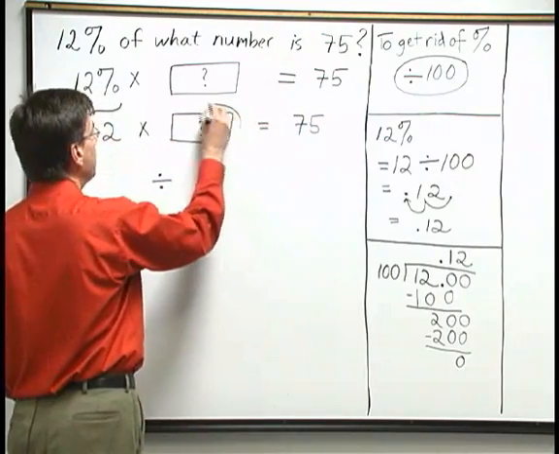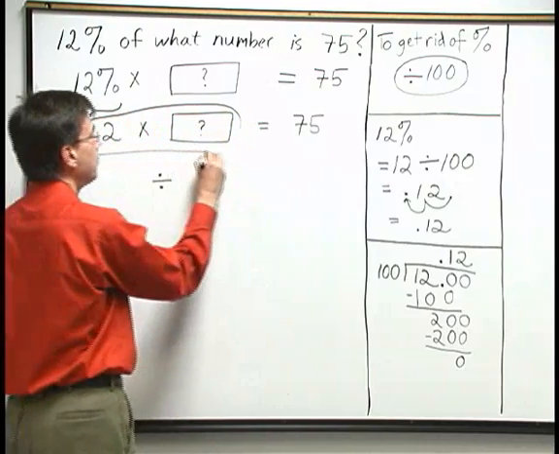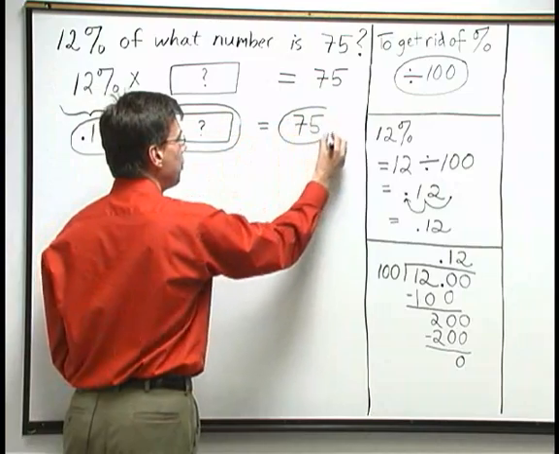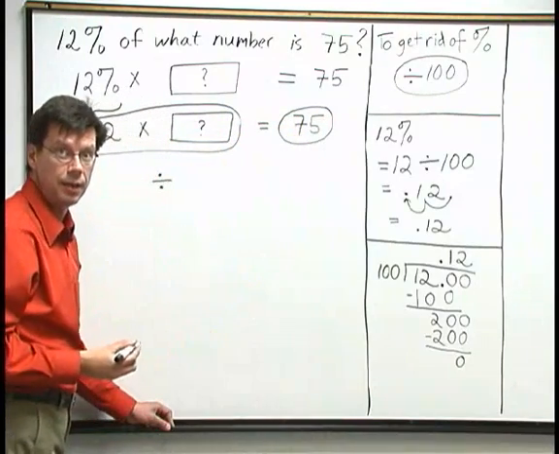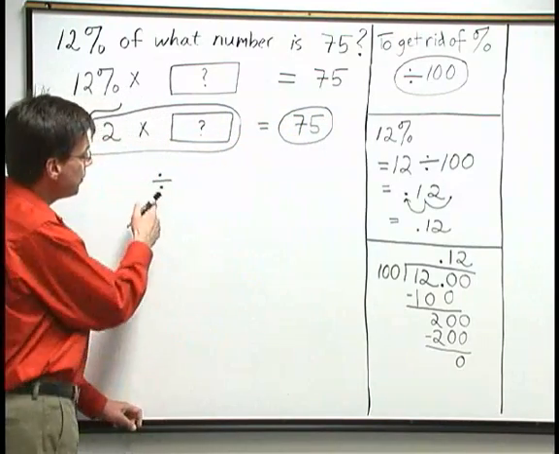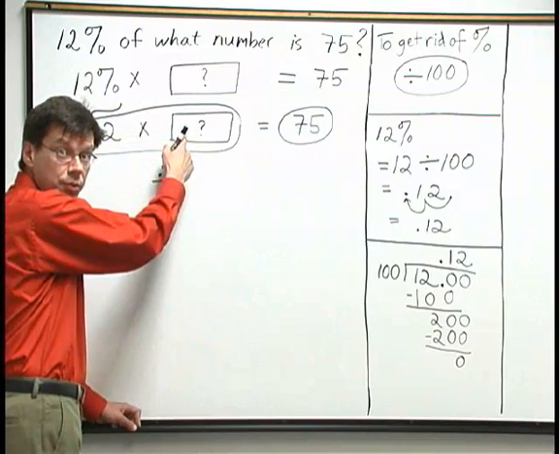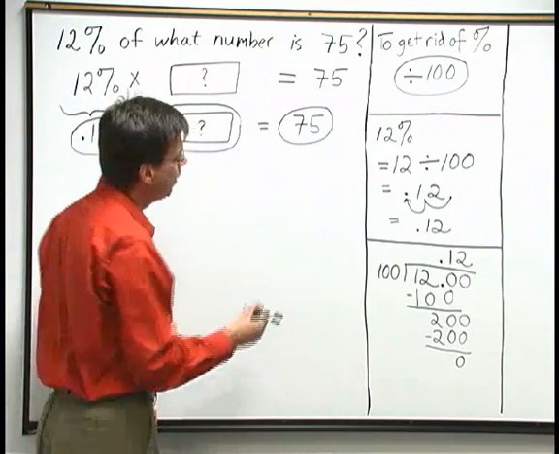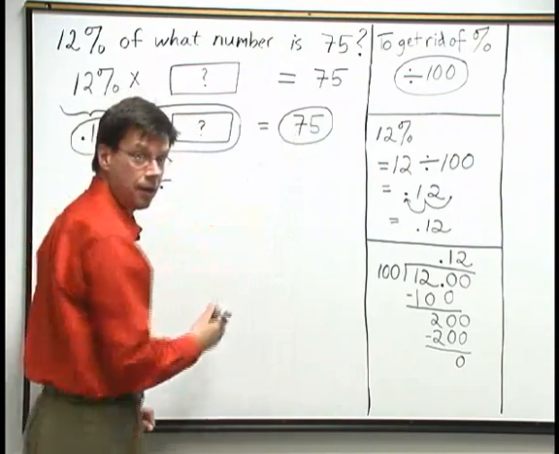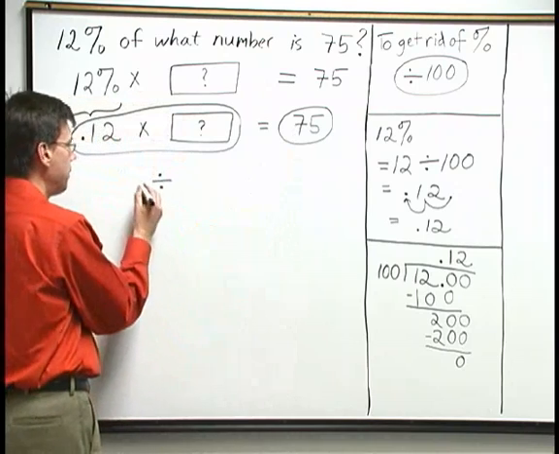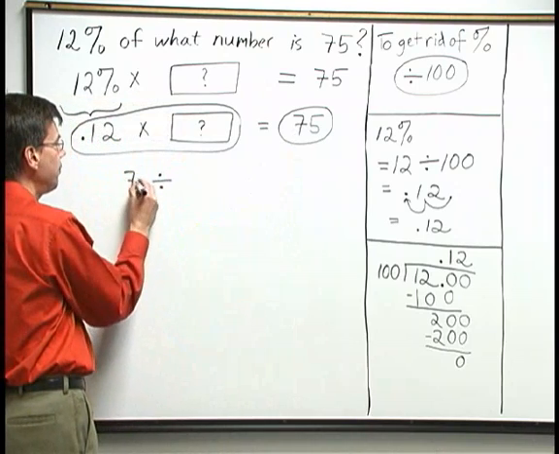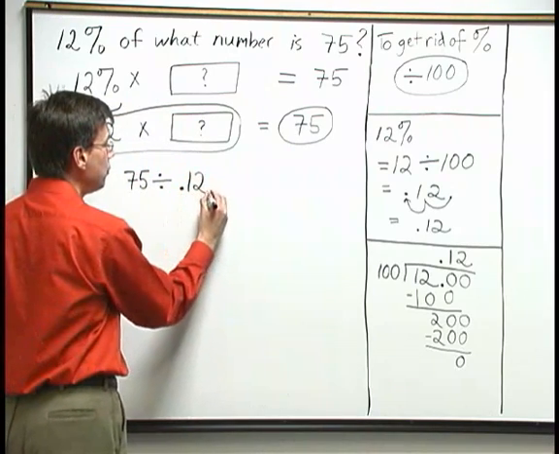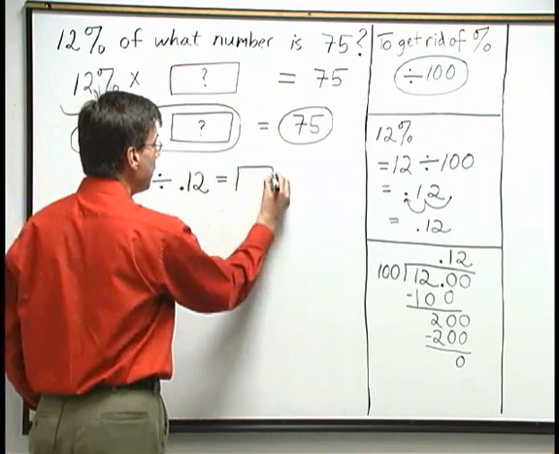There's the multiplication part of the problem on one side of the equal sign, and there's the answer to the multiplication on the other side of the equal sign. When we divide to find a missing multiplier, the answer to the multiplication has to go first. That's the number all by itself on one side of the equal sign. So here I'm taking 75 and dividing by 0.12 to get our missing number.